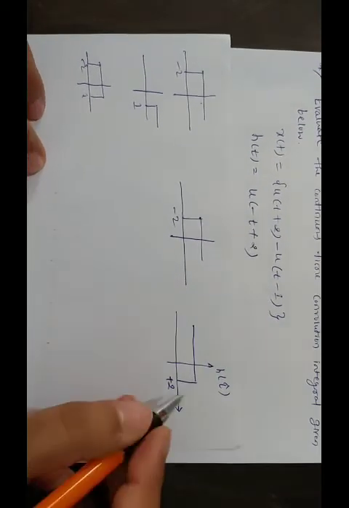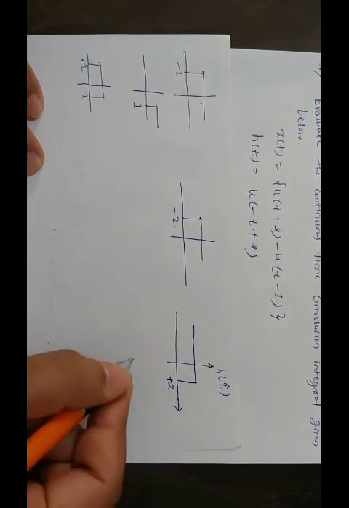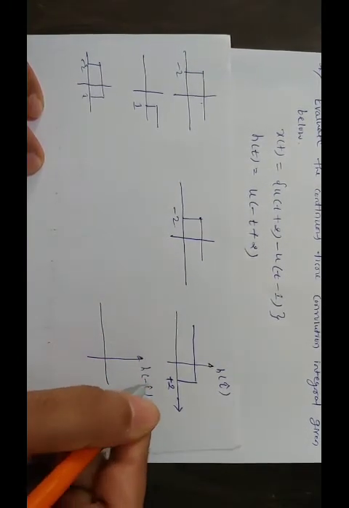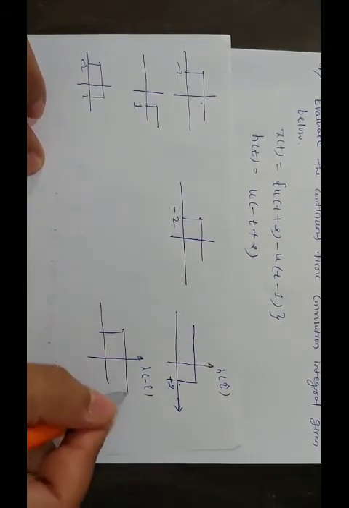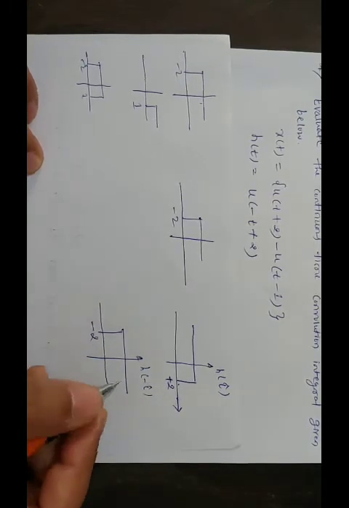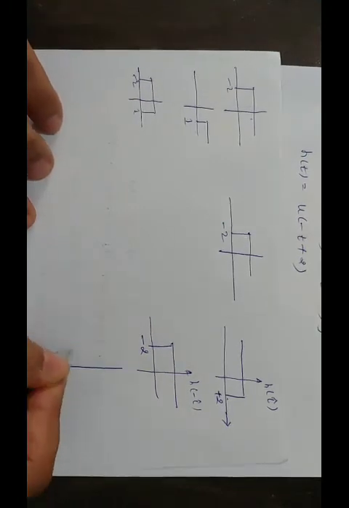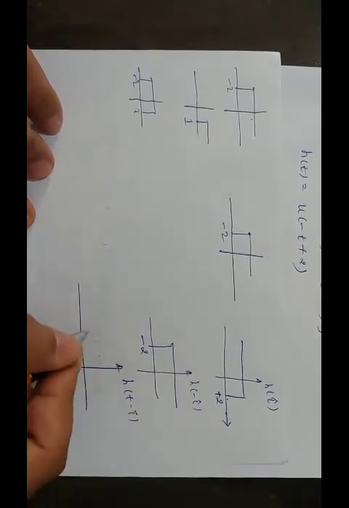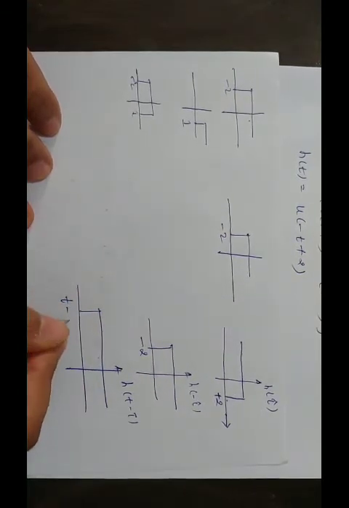Okay. Now I first have to find h of minus tau. If I draw h of minus tau, it is the reflection of this one, so it starts from minus 2. But actually I am interested in h of t minus tau. So somewhere it will start like this, and this will become t minus 2.